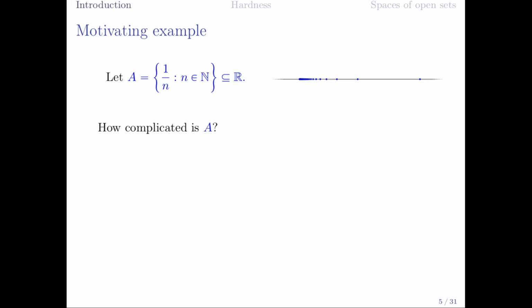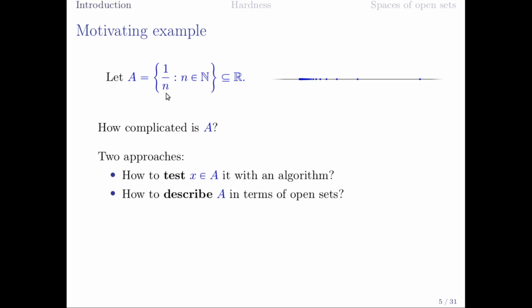How complicated is that set A, the set of inverses of natural numbers? We have two strategies to answer this question. One is to look at the complexity of testing membership in that set: how difficult is it to test that a real number is in that set? The other one is the common one in descriptive set theory: how to describe the set A in terms of simpler sets, and simpler sets means open sets. So let's answer these two questions.